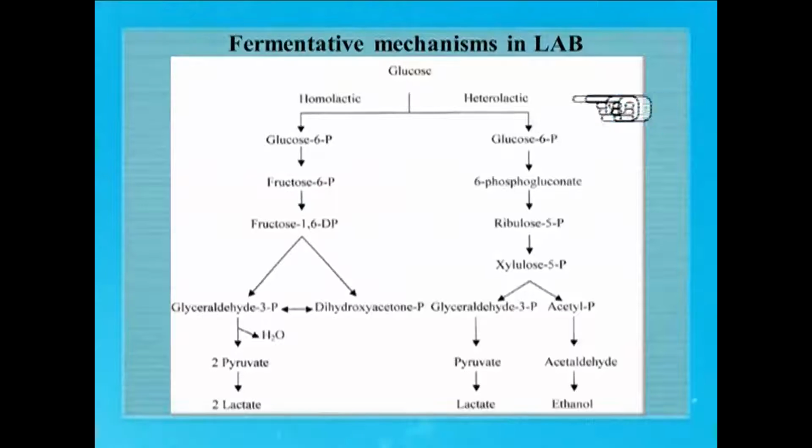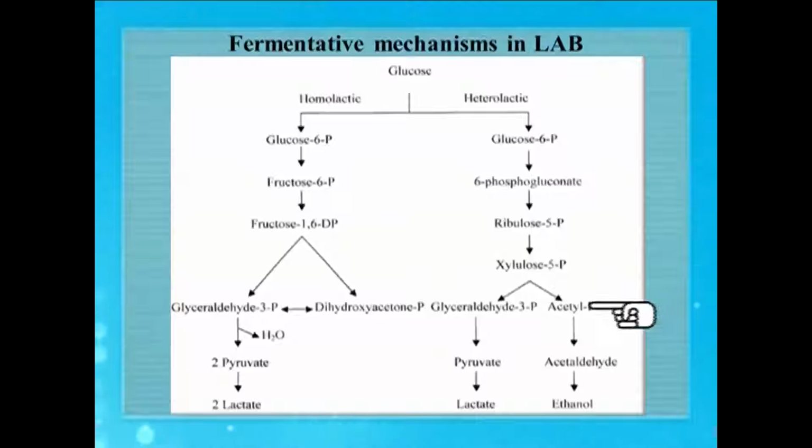While in the case of the heterolactic fermentative pathway, with the formation of glucose 6-phosphate, we have formation of ribulose 5-phosphate and then xylulose 5-phosphate, which splits up into two components. One is glyceraldehyde 3-phosphate and the other is acetyl phosphate. Now these two are not interconvertible.